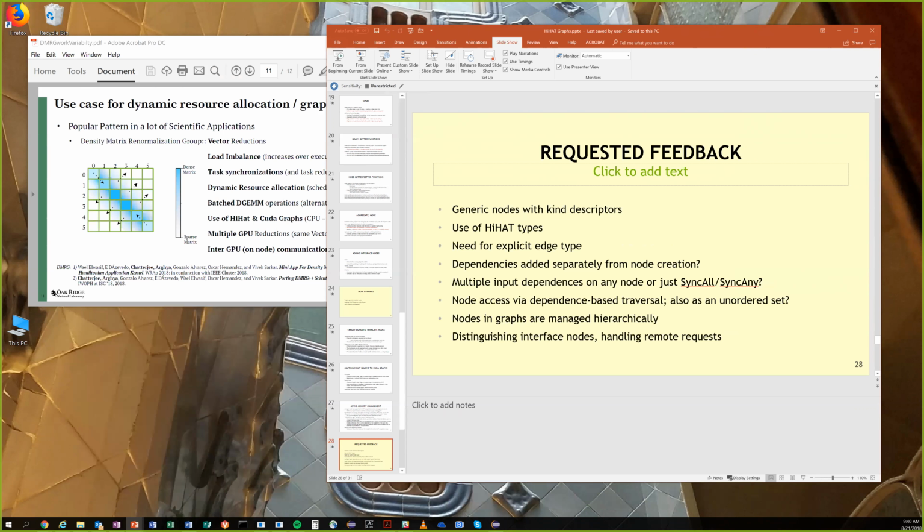Another comment? Hi, this is Tal from EPH. We've been trying to work with the hi-hat API in our context. As we probably mentioned in one of our previous meetings, we want to propose a C++ interface for hi-hat.